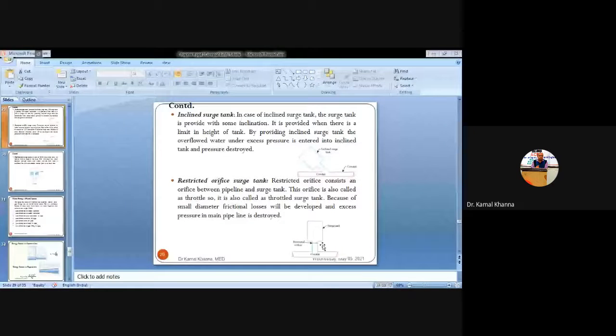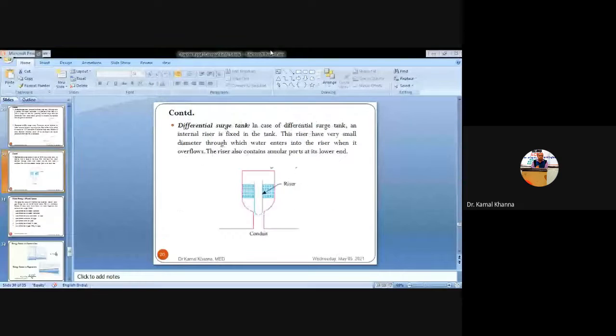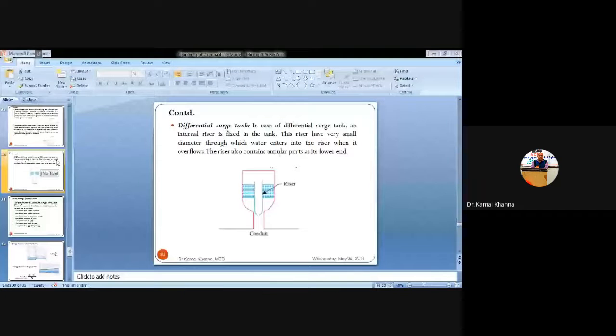So next, you can see, is the differential surge tank. Moving on to the next slide, you can see we have a conduit and a riser is installed. The tank is connected at the bottom of the supply pipe to a small vertical pipe called a riser, and the riser is provided with a small hole.